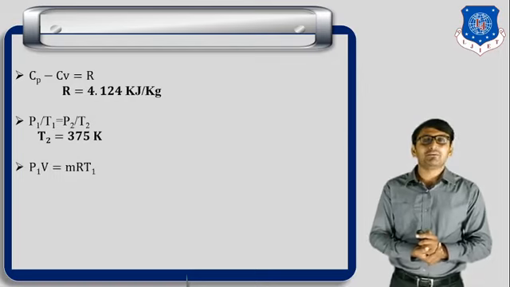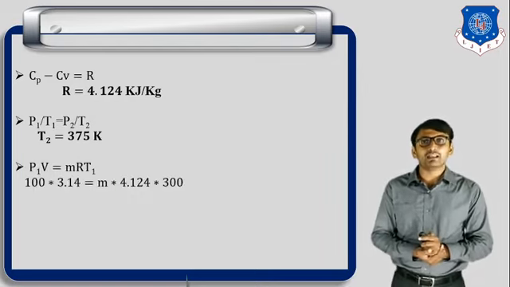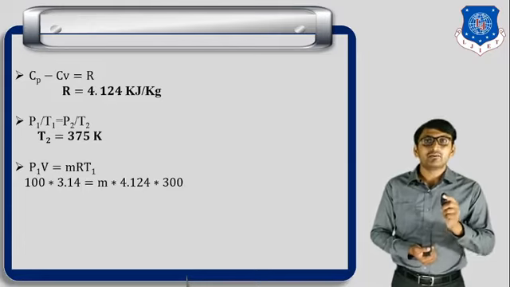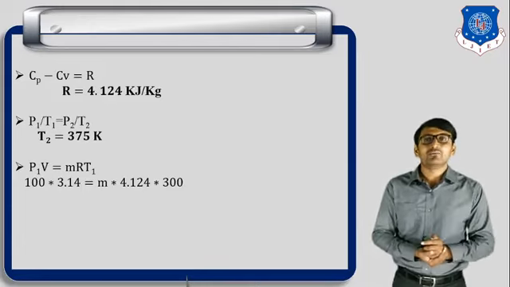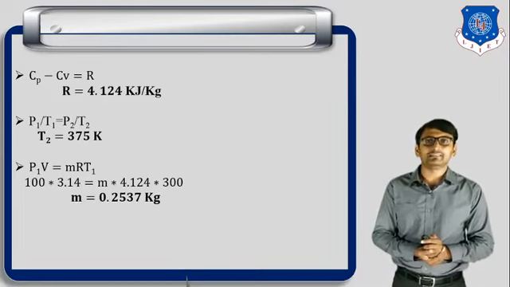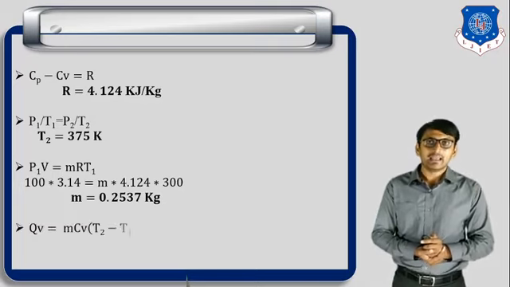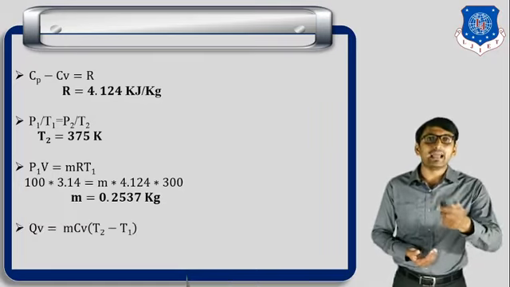Then P1 V1 is equal to m R T1. So by putting value of P1, volume, R and T1, we get mass 0.2537 kg.